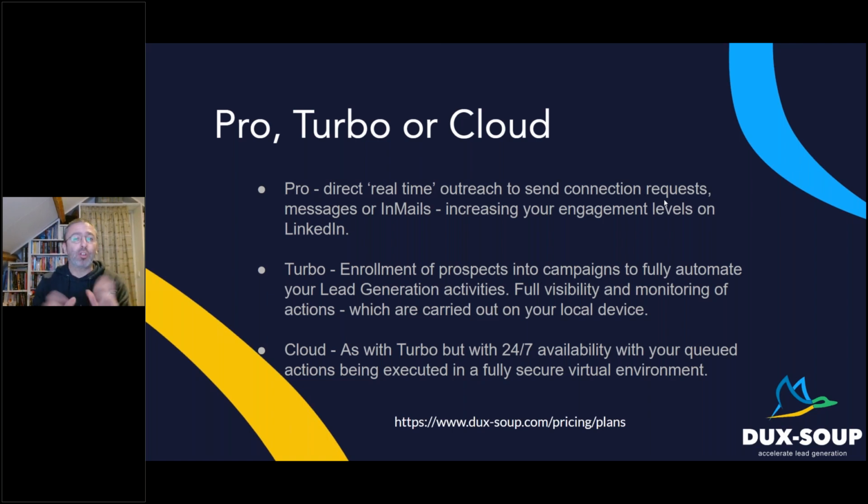Everything's carried out on your local device though, so new tabs will open as you send messages or whatever it is that you've got in your campaigns. And Cloud, which has been running for just over 2 weeks, allows you to do all of the Turbo stuff, but gives you 24/7 availability by executing everything in a fully secure virtual environment.